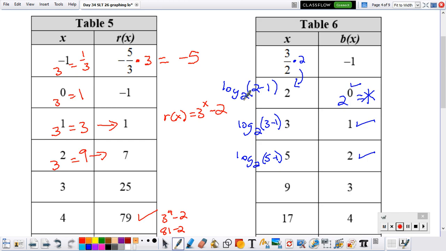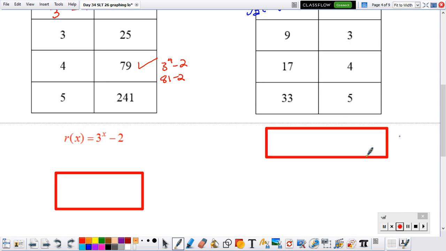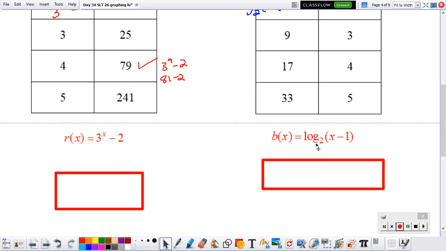Well, I know that log base 2 of 1 gives me 0, so I took the 2 and added the little minus 1. And then down here, I need to have an output of 1. Log base 2 of what gives me 1? 2. So I changed the 3 to 3, and that still works. 3 minus 1 is 2. So our final b of x for table 6 is log base 2 of x minus 1.